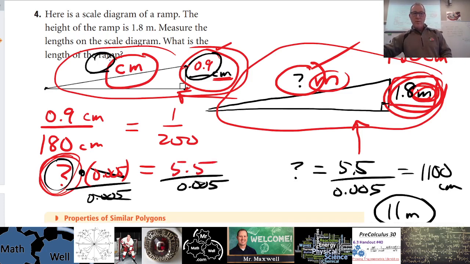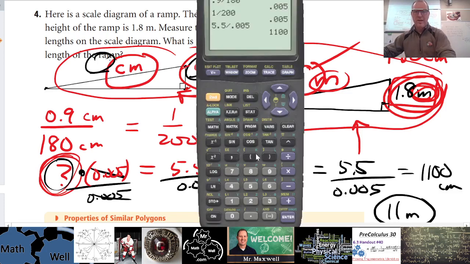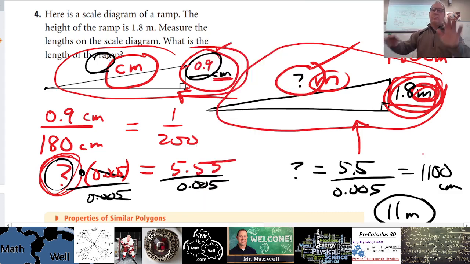So this should be 5.55, which makes it bigger, not smaller. But that doesn't get us to 10.4 for sure. So 5.55 divided by 0.005 gets us to 1110, so 11.1. I'm not sure how the back of the book got 10.4.